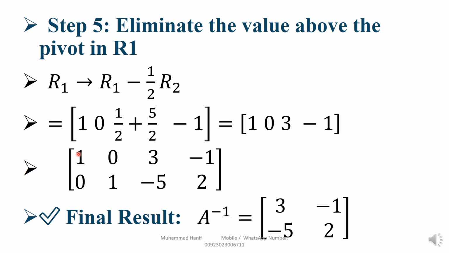Now you can see here this matrix is the identity matrix. It means we get this A inverse.